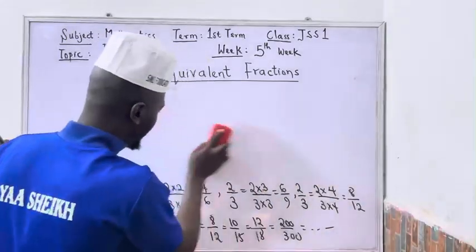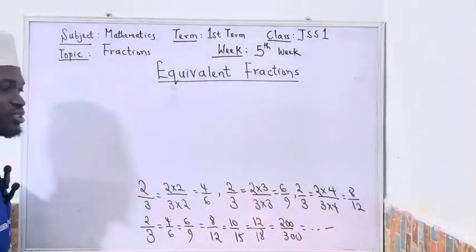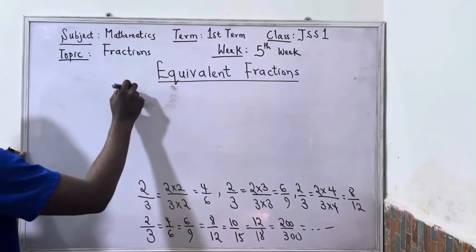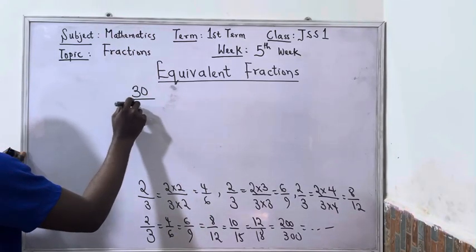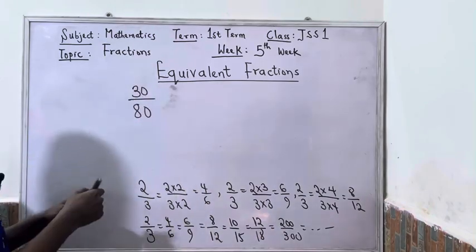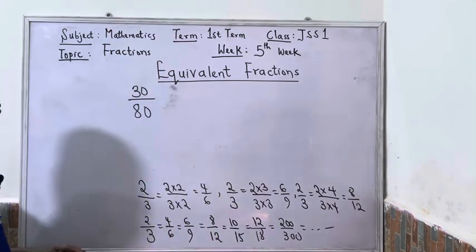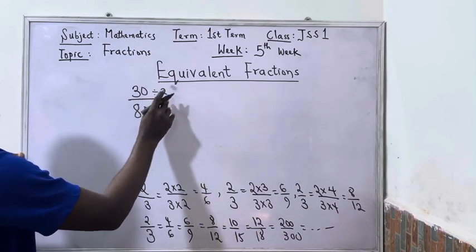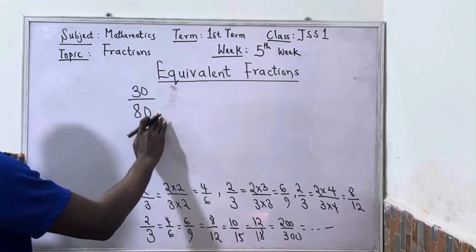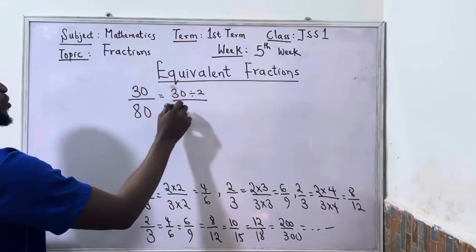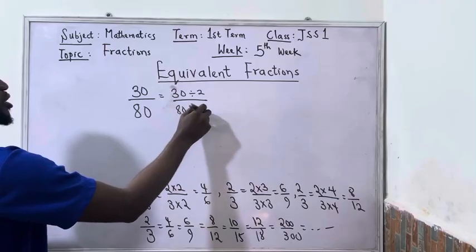So let's see how we can use division to generate equivalent fractions. If I start with 30 over 80, for example, I can decide to divide both the top and the bottom by 2. We started with 30 over 80, that means 30 divided by 2 over 80 divided by 2.